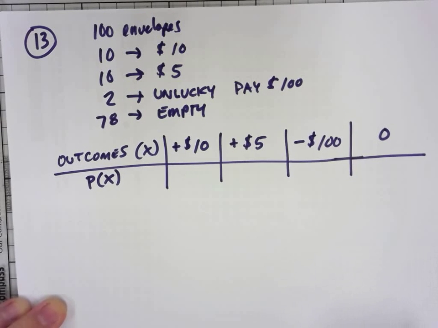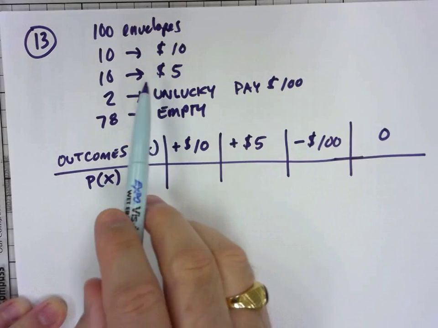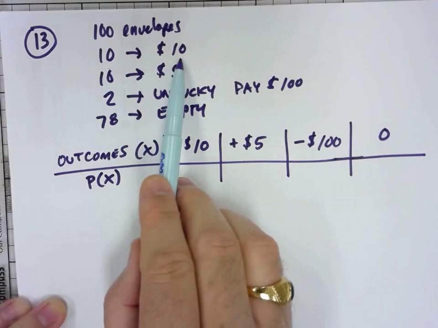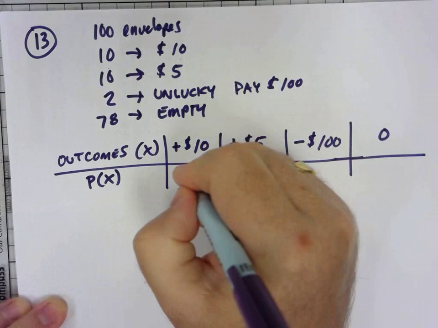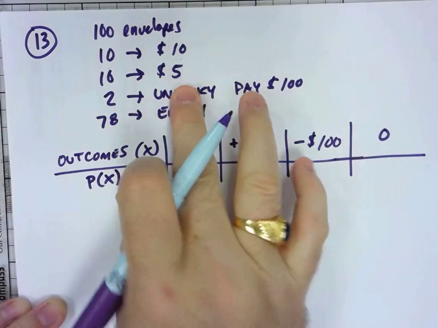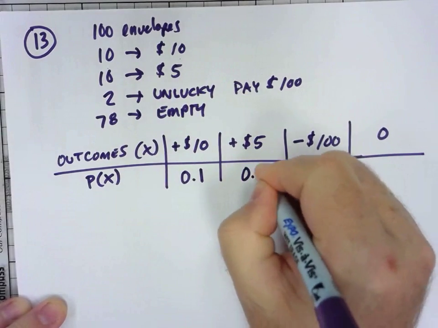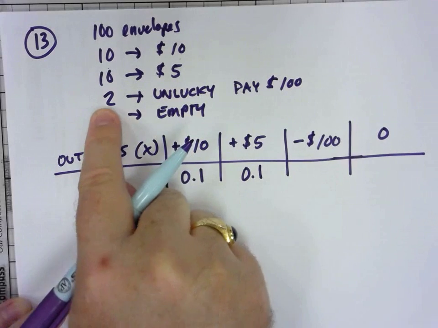Okay? So now what is the probability of each of these occurring? Okay? 10 of them have $10, so what's 10 out of 100? What's 10 divided by 100? 0.1. And this also has 10 envelopes, so that's $5, so that's going to be 0.1. And then here for the $100, that's 2 out of 100.